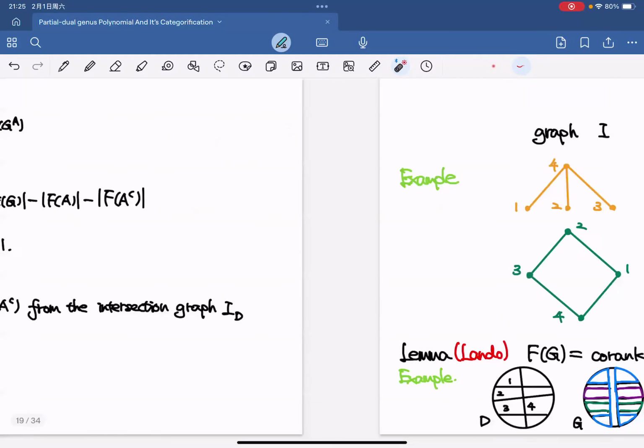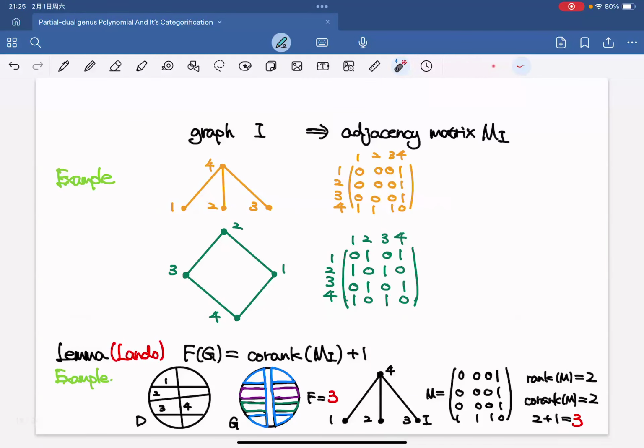For each graph, there is an adjacency matrix. For example, for a graph with 4 vertices, 1, 2, 3, 4, the adjacency matrix is a 4 by 4 matrix.